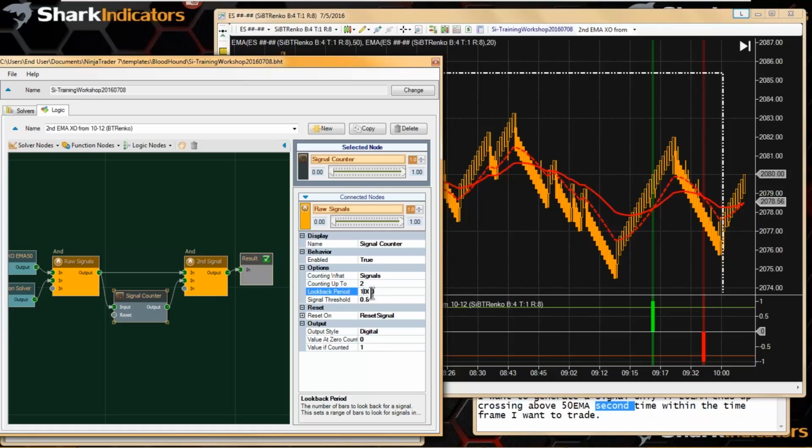So you want to keep your look-back period as low as possible, but high enough so that the signal counter is doing its job correctly. So I don't recommend just throwing in 1,000 unless you really need to look back 1,000 bars. So I'm just going to throw in 250 and call it good for now.